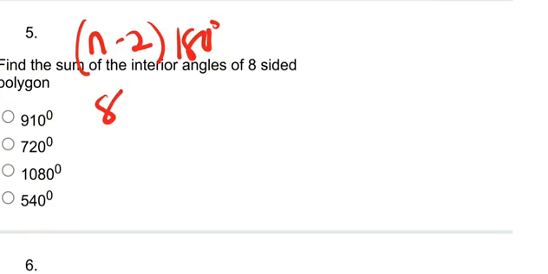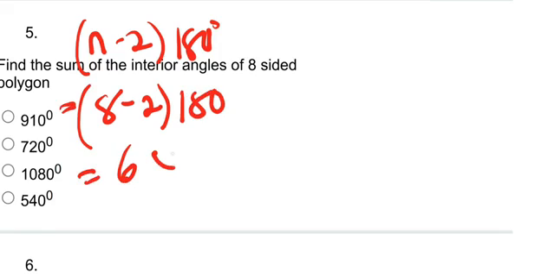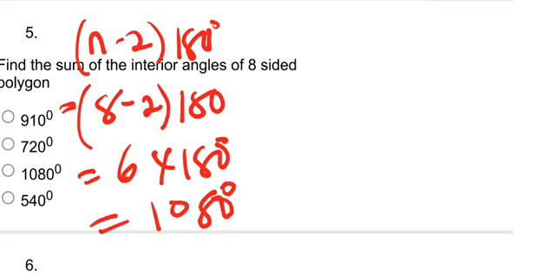That will be 8 minus 2 multiplied by 180 degrees. So that means you're going to have 6 multiplied by 180 degrees, and that equals 1080 degrees, which is this option here. So move to the next question.